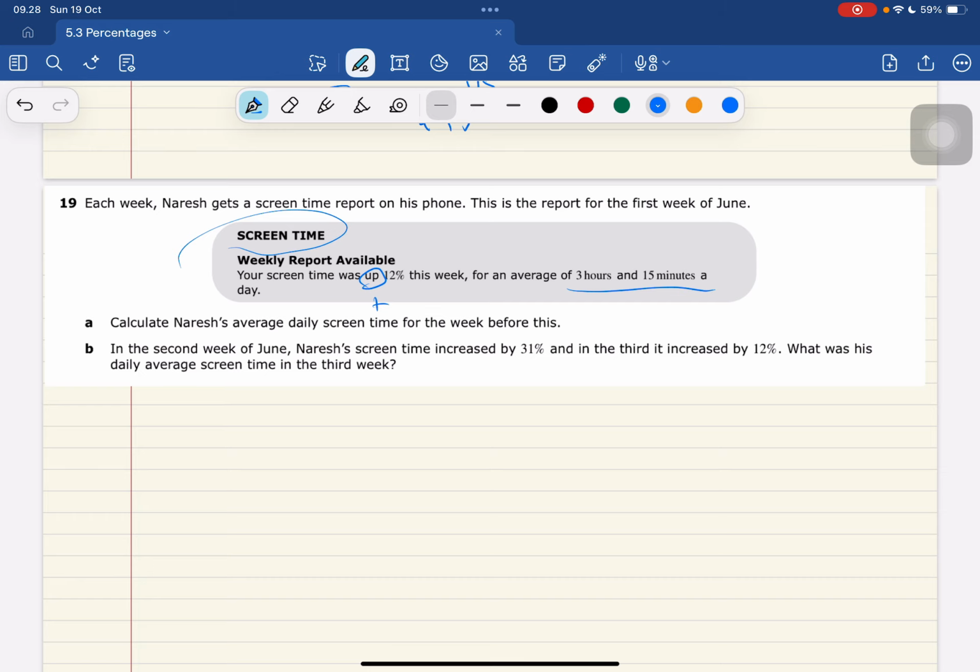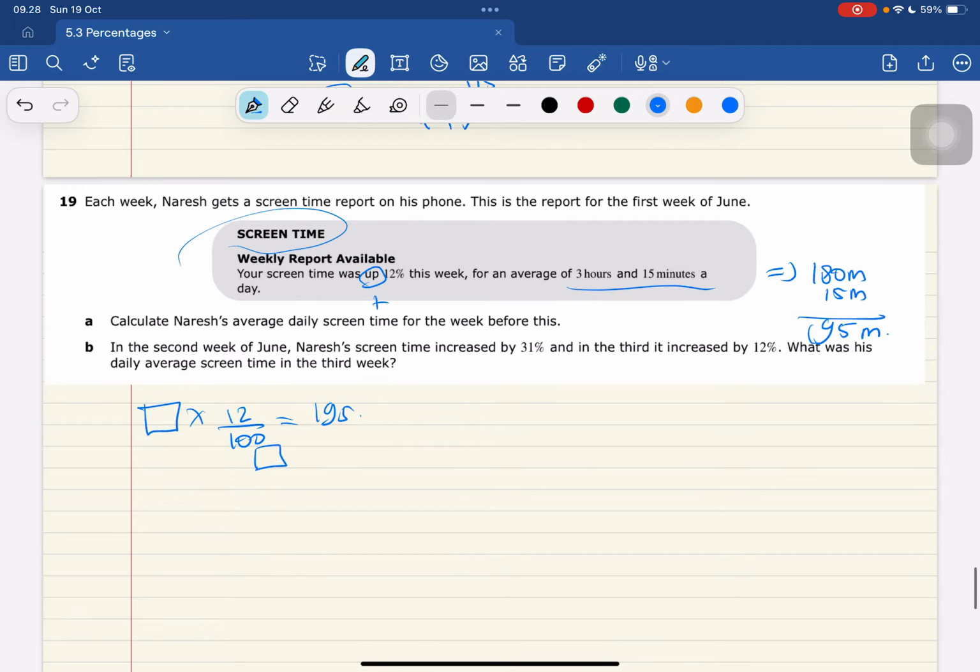Before, let us make it into minutes. 3 hours means 180 minutes plus 15 minutes. So this is going to be 195 minutes. So what was it times 12 over 100, equal to 195 minutes.